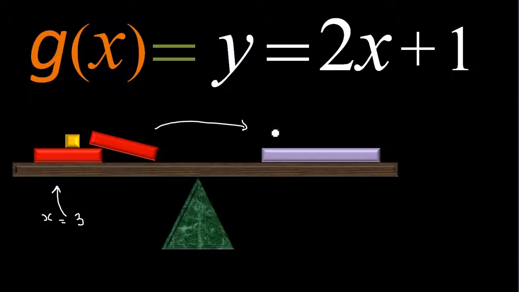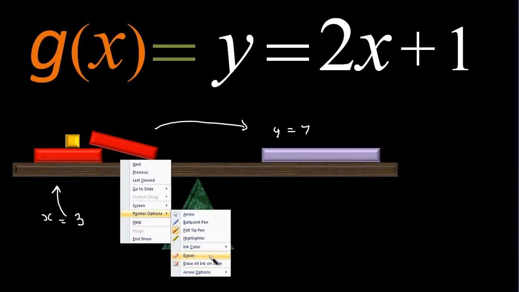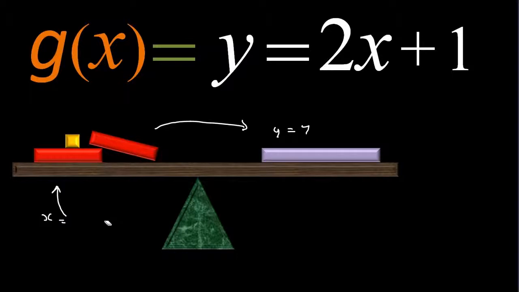Our output, y equals 7. If x was, let's see, 4, what would happen then? Let's just erase this 7. If x equals 4, then x is 4, plus 4 gives us 8, plus 1, 9, therefore y equals 9.